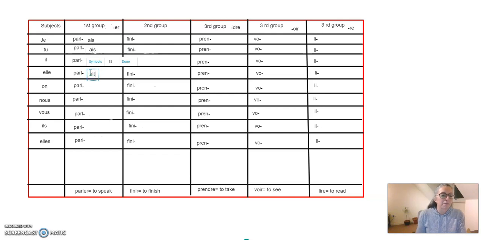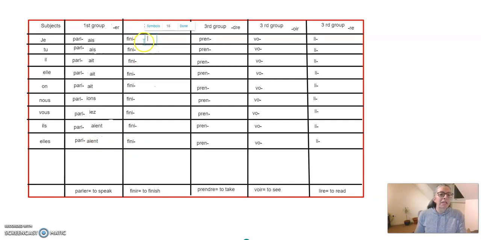We have AIT for il, AIT again for on, IONS for nous, IEZ for vous, then ils AIENT, and elles also ends with AIENT. So, je parlais, tu parlais, il parlait, elle parlait, on parlait, nous parlions, vous parliez, ils parlaient, elles parlaient. So this was the first group verbs.